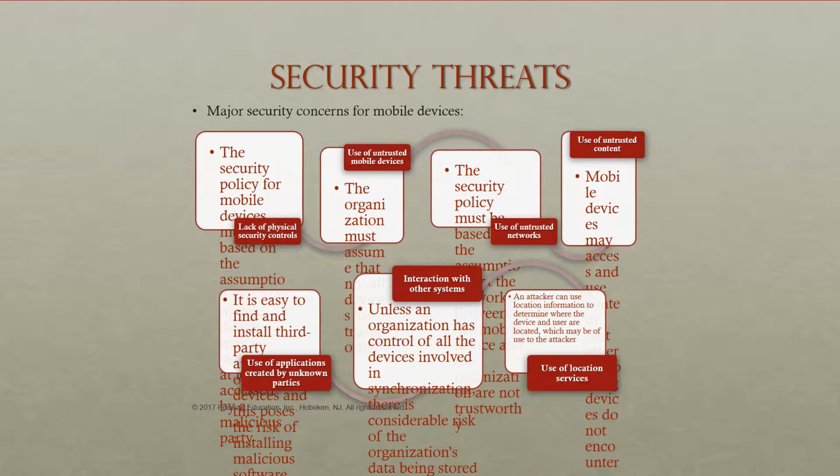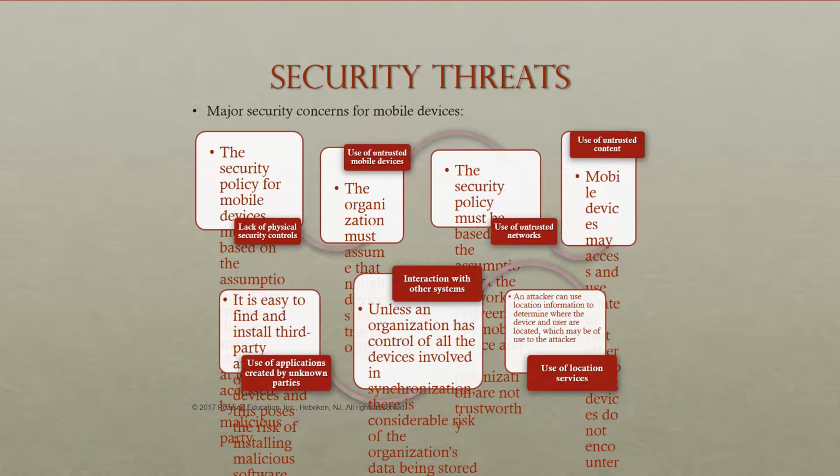Use of untrusted networks. If a mobile device is used on premises, it can connect to organizational resources over the organization's own in-house wireless networks. However, for off-premises use, the user will typically access organizational resources via Wi-Fi or cellular access to the internet, and from the internet to the organization.